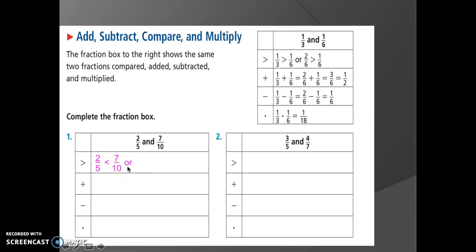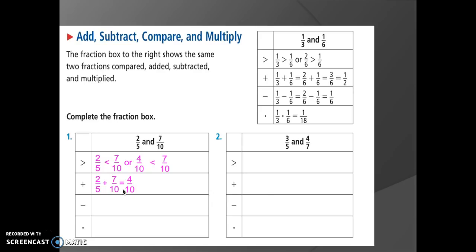Or I could get a common denominator, multiplying 2 and 5 both by 2 to get tenths. 2/5 is the same as 4/10, and so I know that 4/10 is less than 7/10. It's nice to get a common denominator right away because I can use this in my addition and subtraction problems.